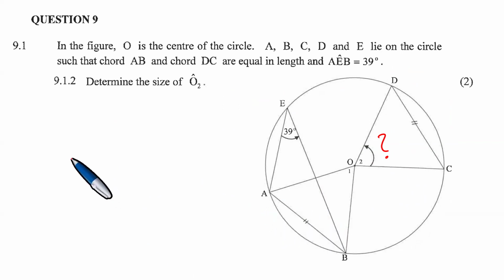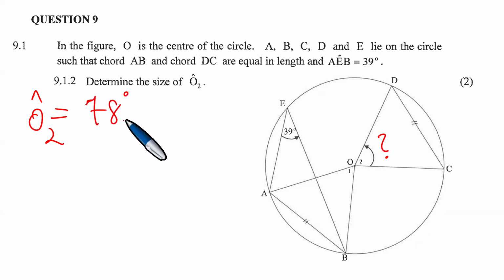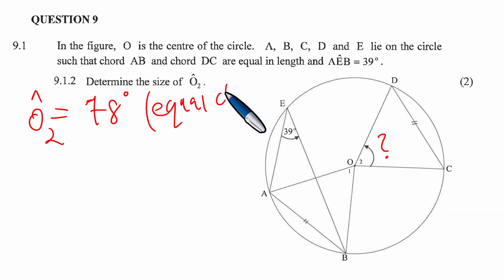We are able to see that the angle O2 is actually equal to 78 degrees. Why? Because equal chords subtend equal angles.